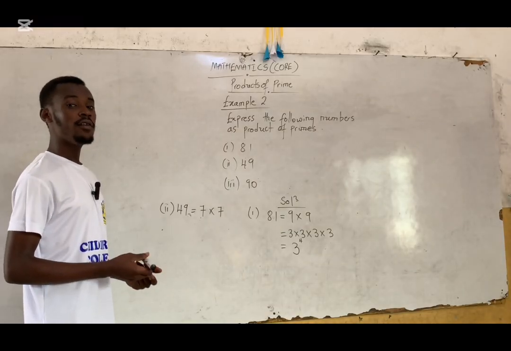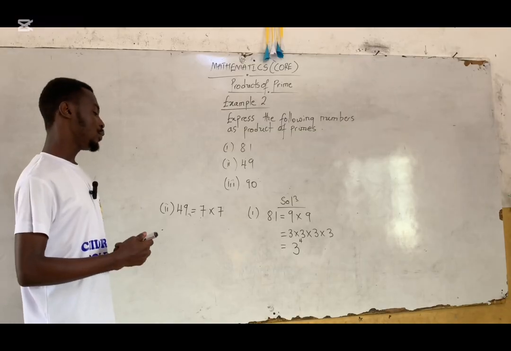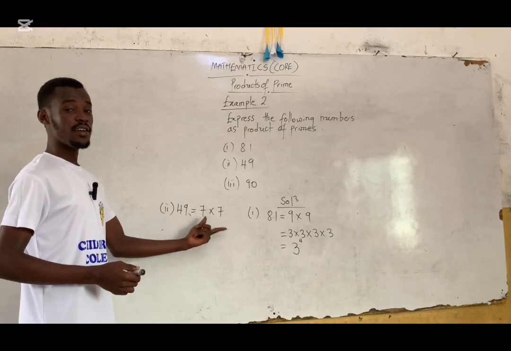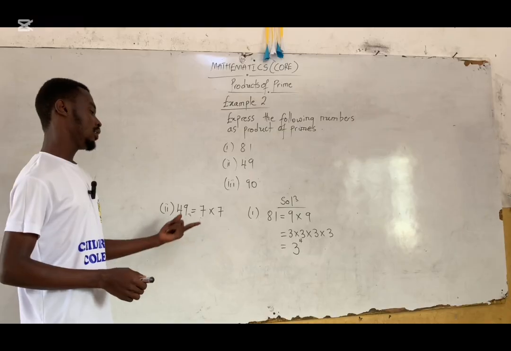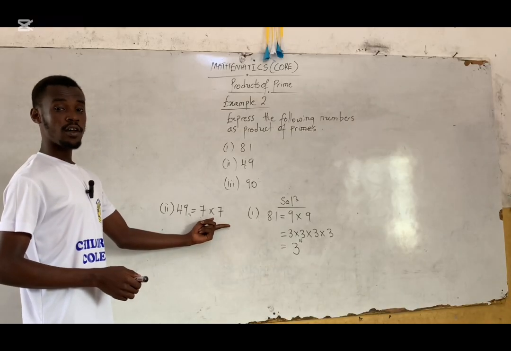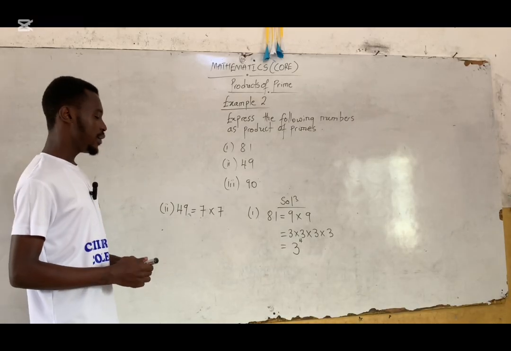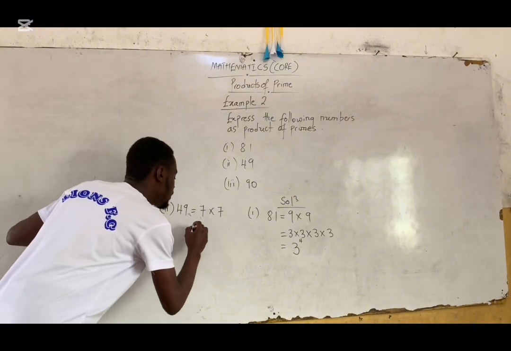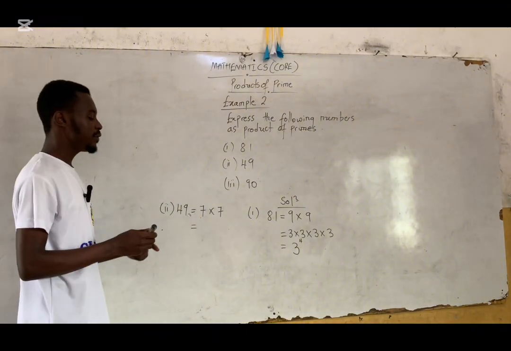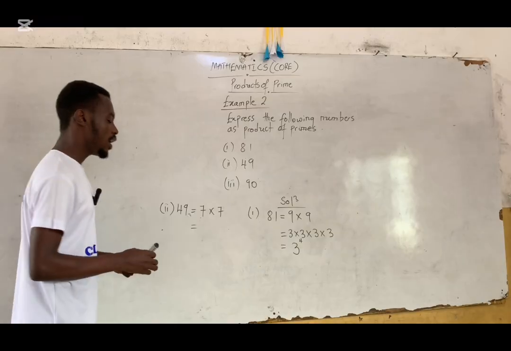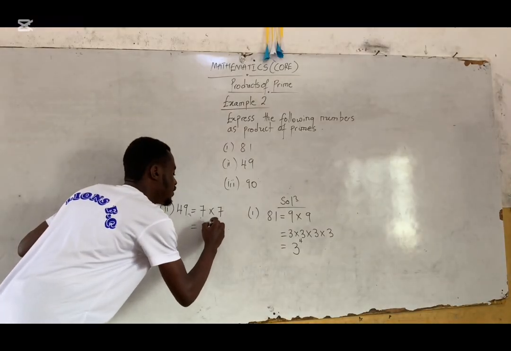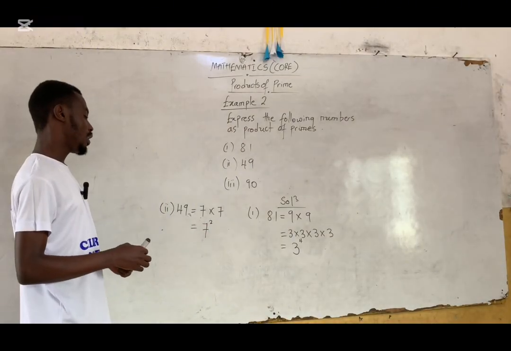That is all. 7 times 1 is 7. You can't break 7 down anymore, which means 7 is a prime number. This becomes our final answer, but it must be expressed in index form. So 7 is multiplying itself 2 times.